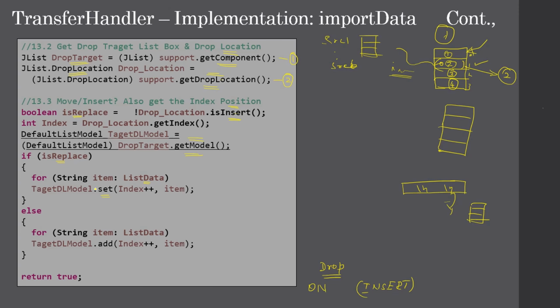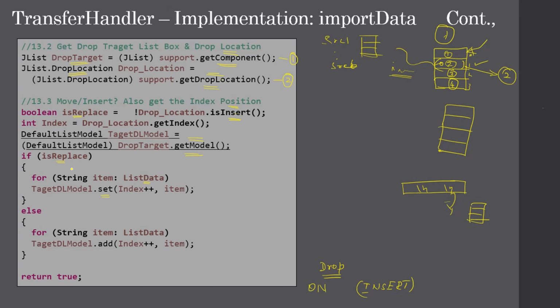These are all just list model functions. Set will actually replace the item at this specific index location. If it is add, the item will get added, so none of the items will get replaced. If the target is between 2 and 3, then the new item will get added there. If it is a multiple selection, say 3 selections, 3 items will get replaced here.